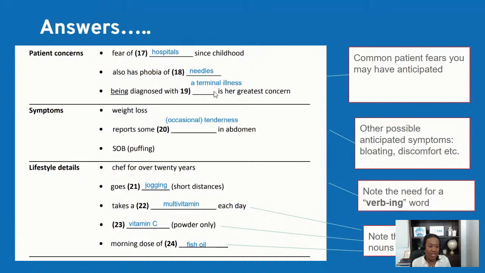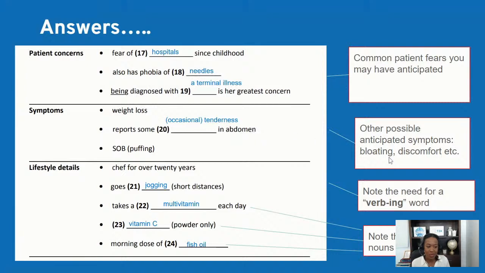This was maybe not so easy to guess, but you could see that it was "diagnosed with," so it's going to be something to do with a medical condition. In terms of the symptoms, we can anticipate that it's going to be some symptom related to the abdomen.